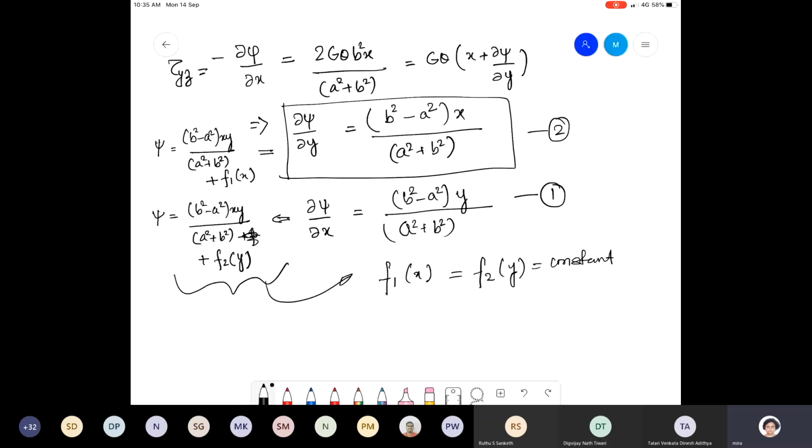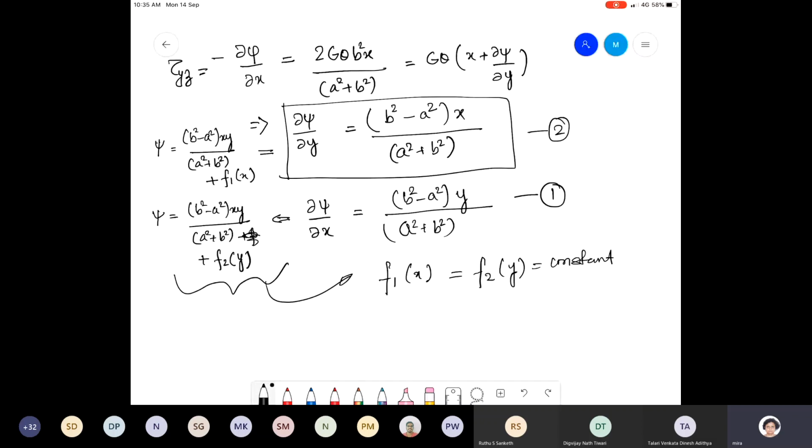So I get an expression for psi from the first equation. I get an expression for the same psi from the second equation. And of course I have to equate them. If I equate them, I get the two integration constants f1(x) and f2(y), and they are equal to each other. So they have to be a constant.